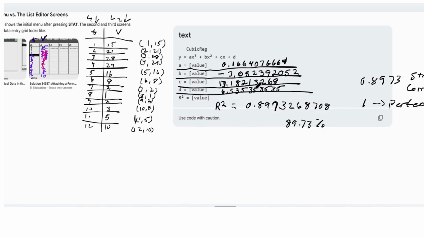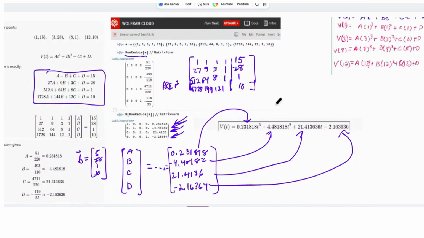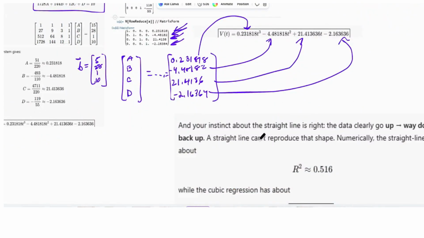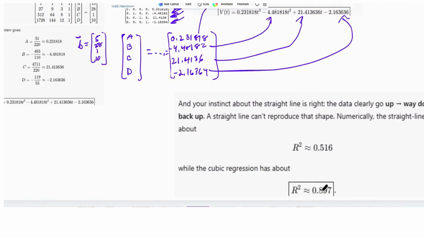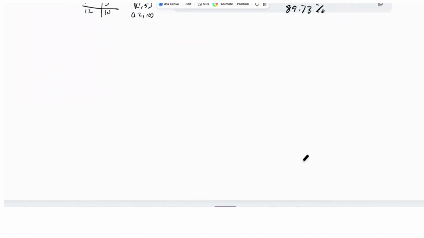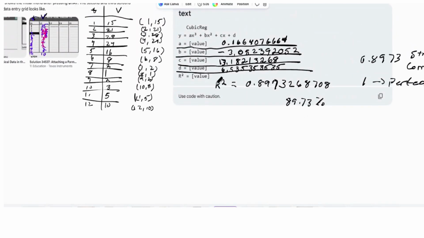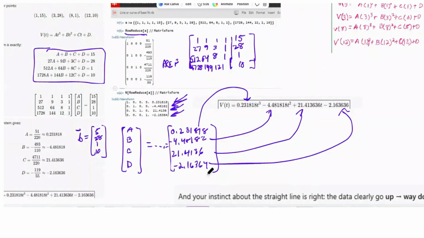So now that we have that, we're going to turn our attention again to what AI did. Notice that my method gave us almost the same R squared, within 3 decimal places.